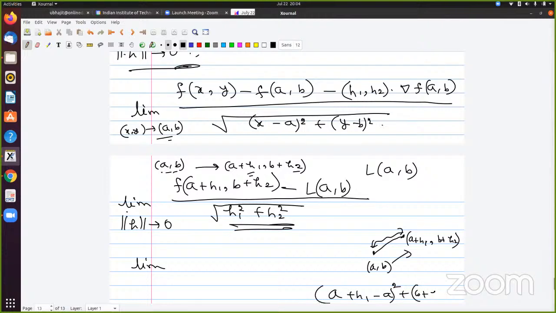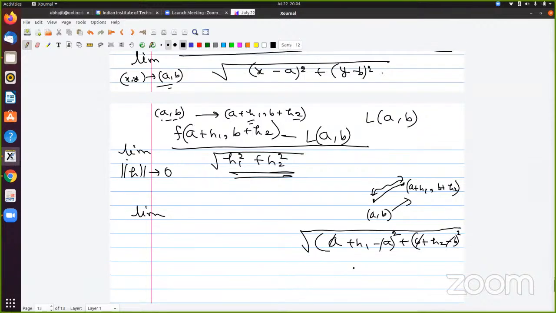The norm, the square root of this. a cancels, b cancels out, so this is basically h1 square plus h2 square, and this should tend to 0. That means the norm of h tends to 0, and the linear approximation should come closer to the value of the function, because that's what a linear approximation is supposed to do.